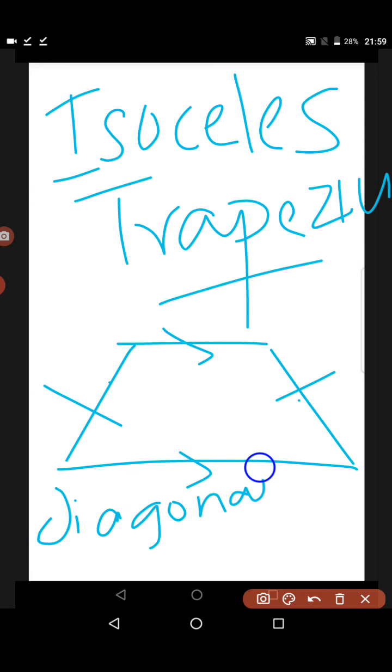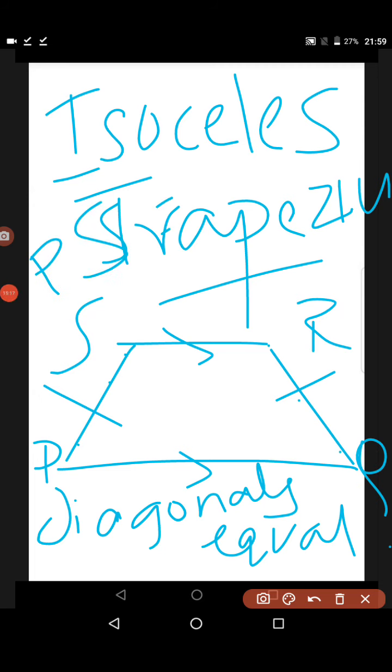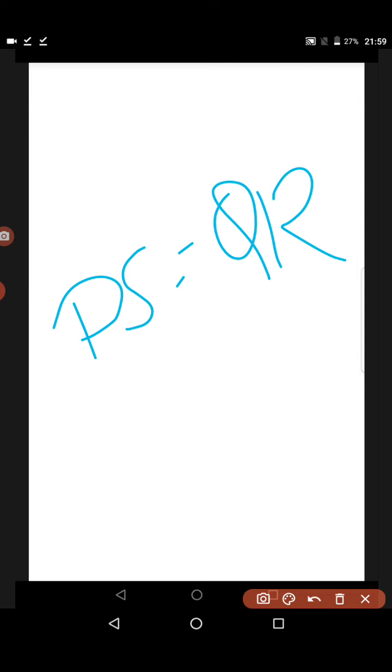So this is one more important point we should know. And here we'll name this a little differently so that we won't get confused. PQRS, I'm going to name this. So here PS equals QR, that's all. PS equals QR. This main point you should remember.